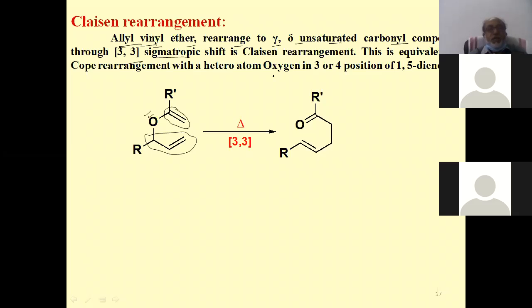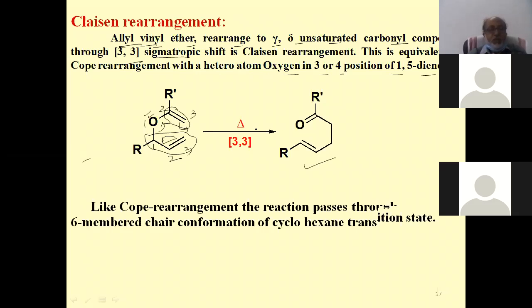This is equivalent to your Cope rearrangement with the heteroatom oxygen in the 3 or 4 position of the 1,5-diene. The bond which is breaking is this one, so it is 1, 2, 3 and here it becomes 1, 2, 3. So this becomes your 3,3 sigmatropic shift, and we get this product.